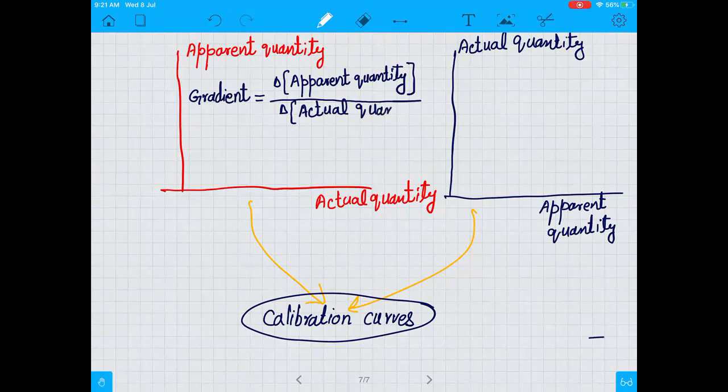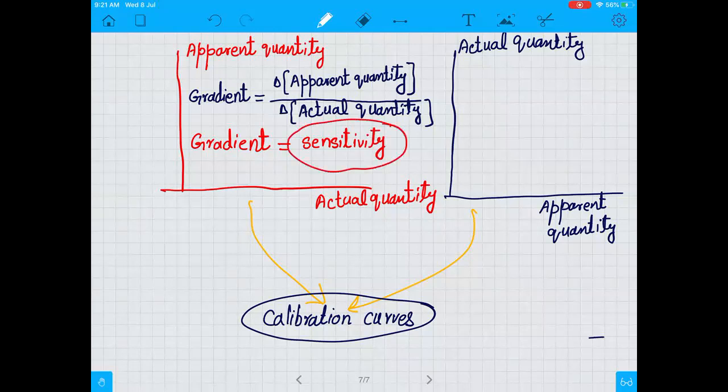And as you see, this gradient is actually the sensitivity, because sensitivity is defined as change of apparent quantity for a unit change of actual quantity. So this gradient here represents the sensitivity.